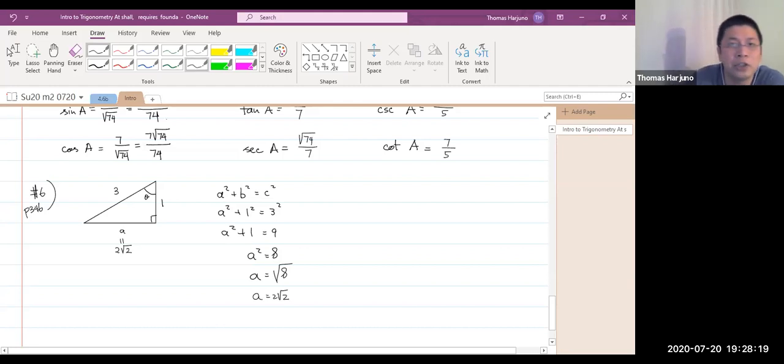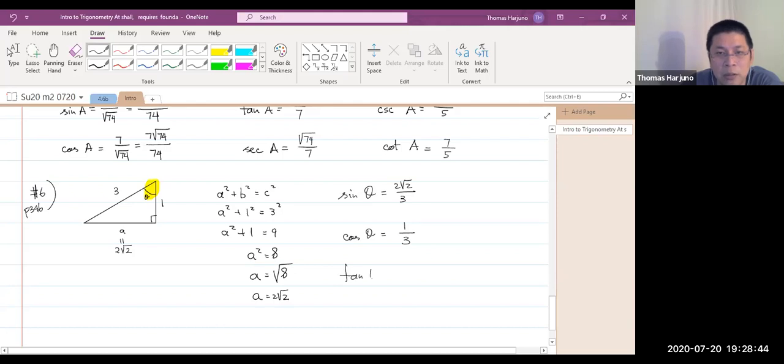Okay, now pay attention that your theta is now here. That's your theta. So sine theta will be the opposite of that theta, 2 square root of 2 over 3, the hypotenuse. Cosine theta will be the adjacent of that theta, that's 1 over the hypotenuse.